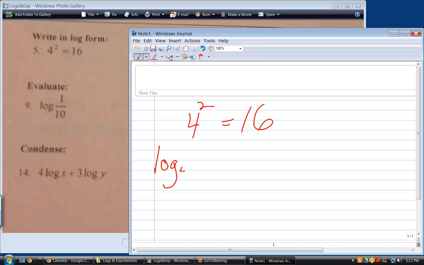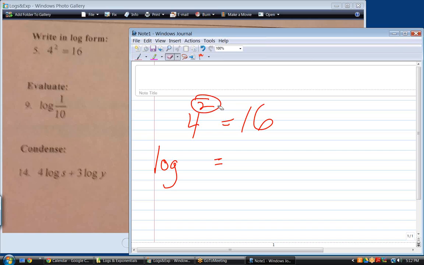Remember one thing about logs. Here's the way you can always solve this problem. What are logs? There's one word that you need to remember. Logs are exponents. They are the exponent.